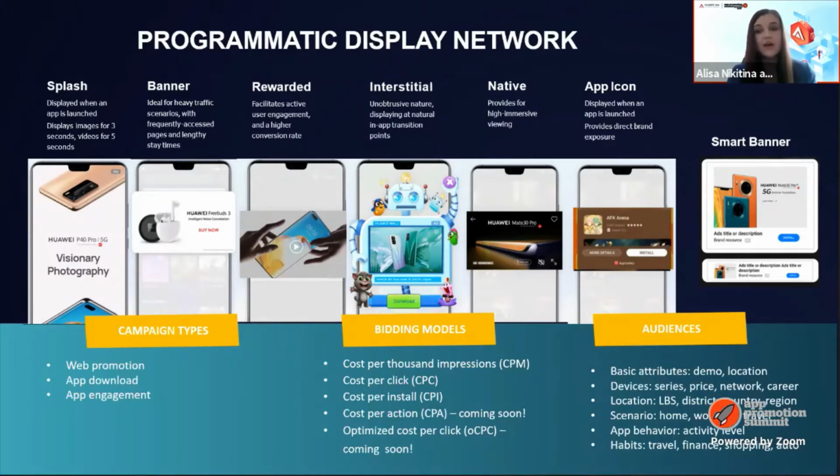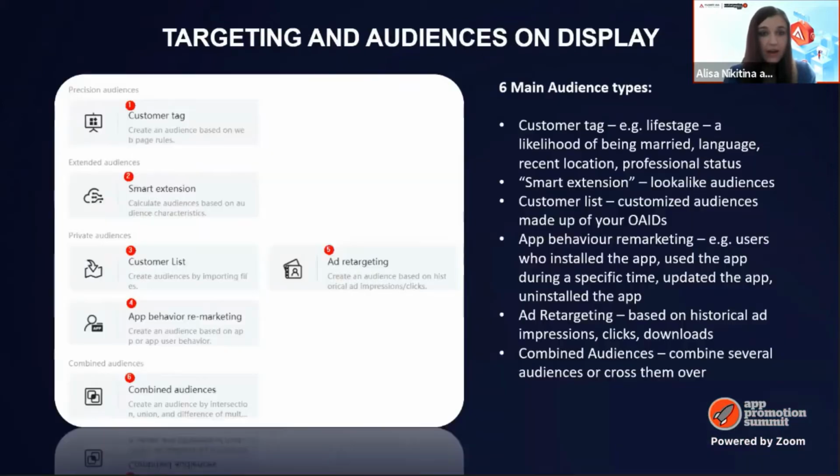You can see here an overview of bidding models: CPM, CPC, CPI, and soon to come CPA and OCPC, as well as some basic targeting options and more sophisticated ones. The basic ones obviously being demo, location, gender, and a very good selection of device targeting for obvious reasons. And more sophisticated ones include audience targeting, which I'm coming onto on this slide.